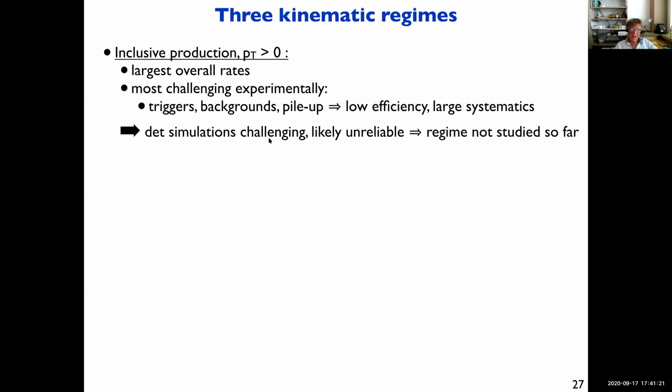So it's very challenging even to do the detector simulations. Presumably today detector simulations are rather unreliable. So this regime of inclusive Higgs production is not being studied so far in the case of the FCC.